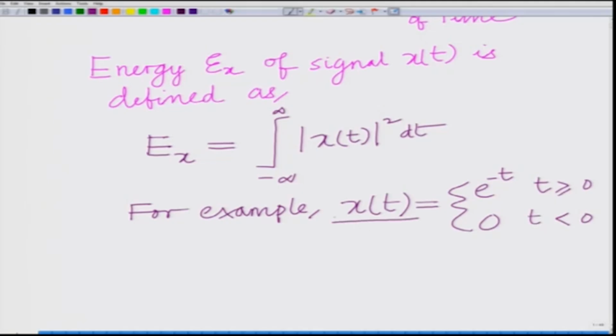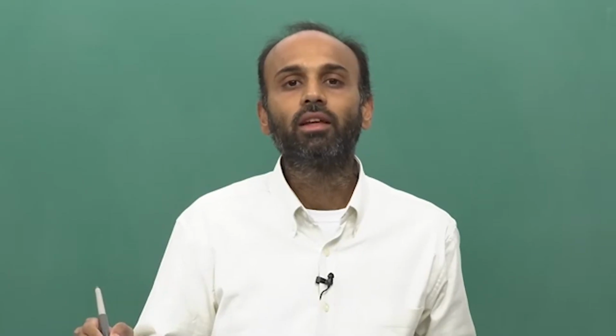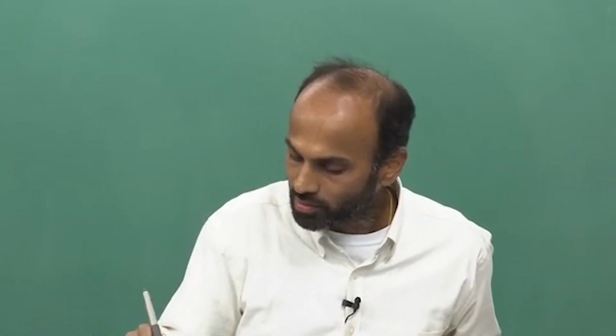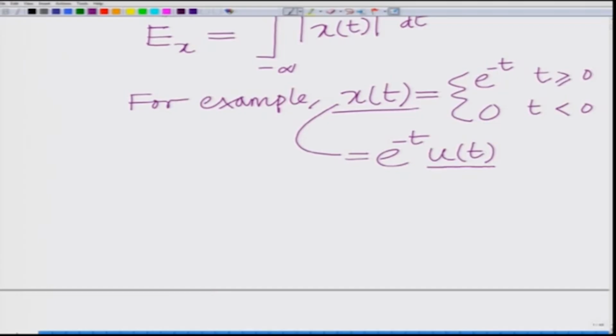This is also written as x(t) equals e to the power of minus t times u(t), where u(t) is the unit step function, that is, u(t) is 1 if t is greater than or equal to 0 and 0 otherwise. This is known as the unit step function. You should be familiar with these from a basic course on signals and systems.